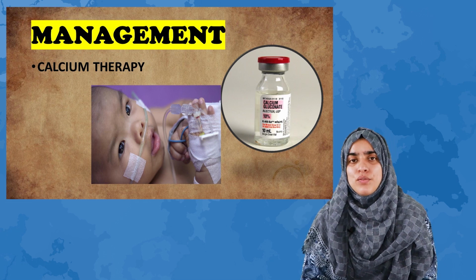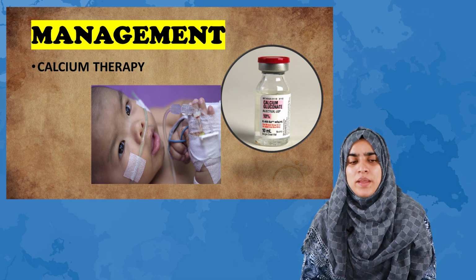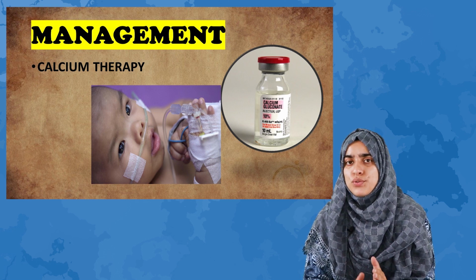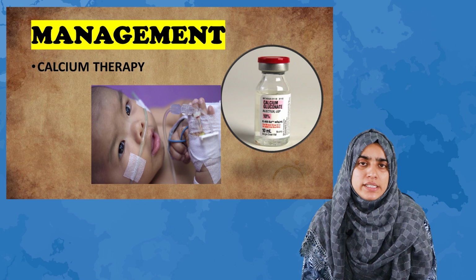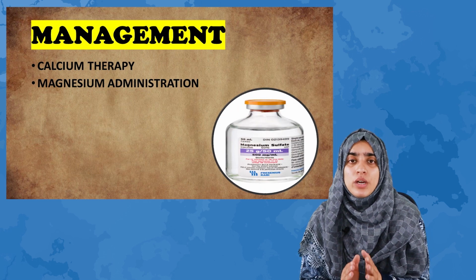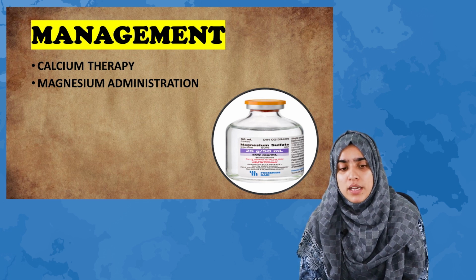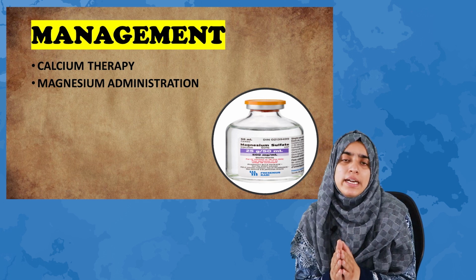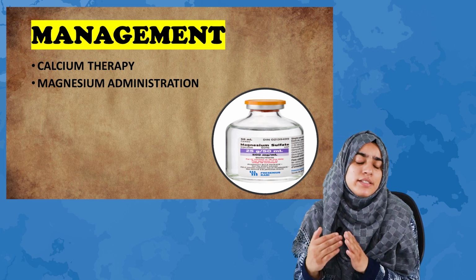It is the mainstay of the treatment. 10% calcium gluconate is administered in a dose of 2 ml per kg intravenously to the infants. Magnesium administration is very necessary to correct any hypomagnesemia, because hypocalcemia does not respond until the magnesium levels are up to the mark.